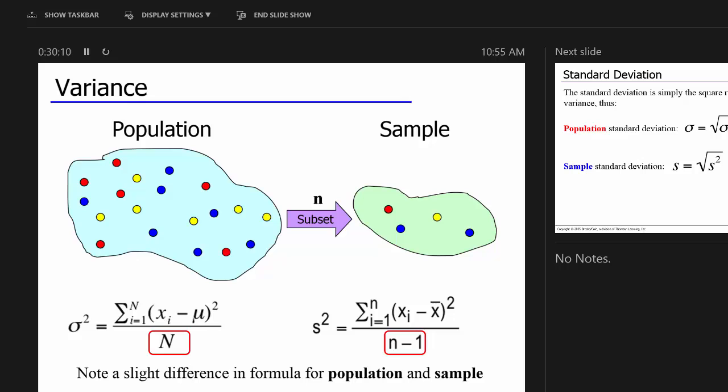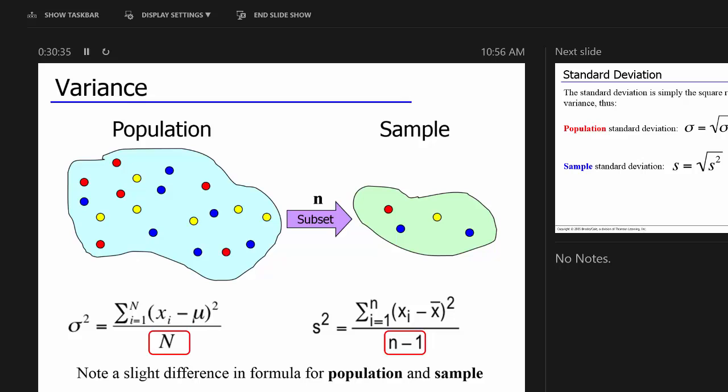Now note that there is a slight difference, right, between the formulas for the population, sigma squared, and for the sample, s squared. Statisticians, for the population, divide by the population size n. For the sample, they divide by n minus 1. The reason for that is, well, that's what any textbook will tell you.